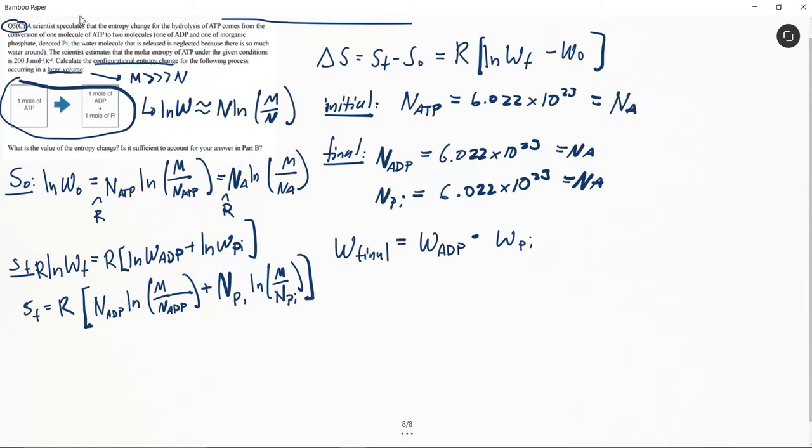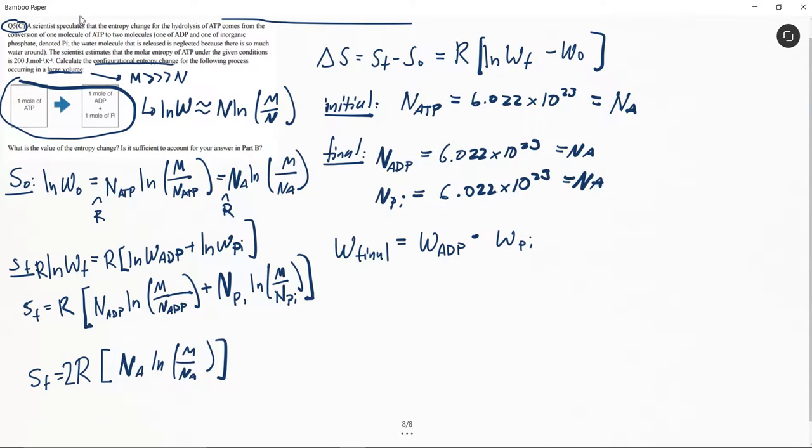We already said that these are equal to Na, so we can simplify this further. Since N ADP is equal to N PI, which is equal to Na, S final is actually 2R Na ln(M over Na).